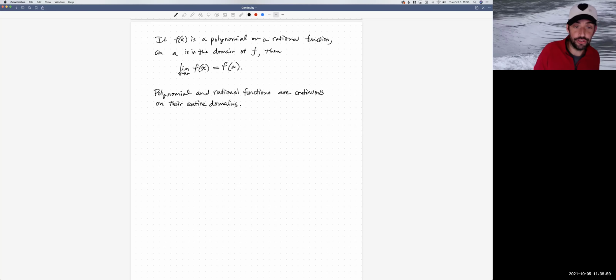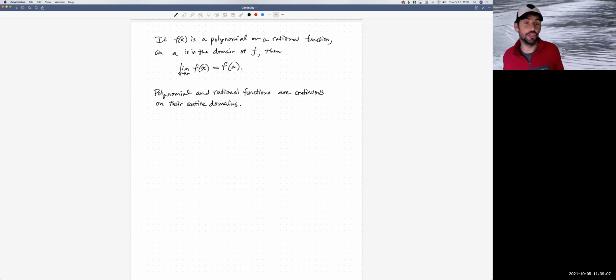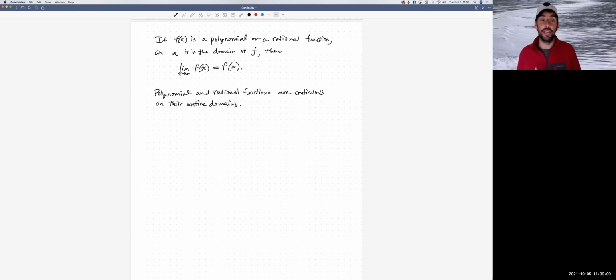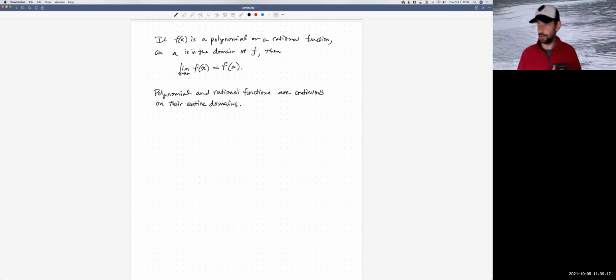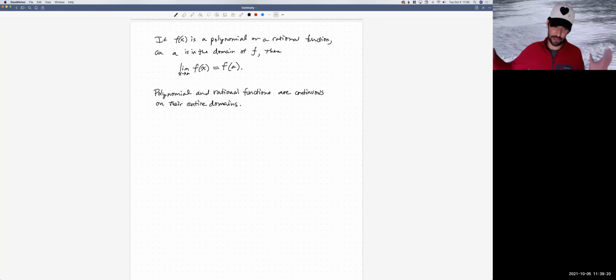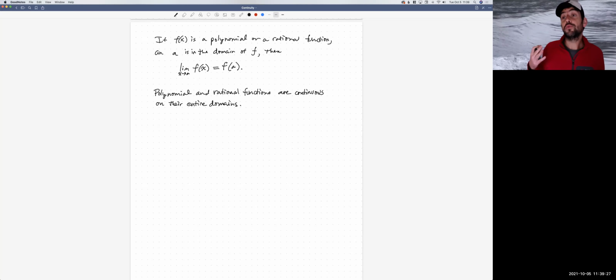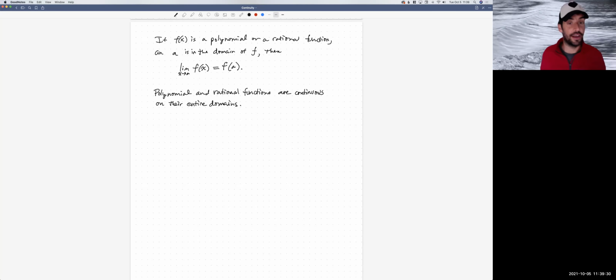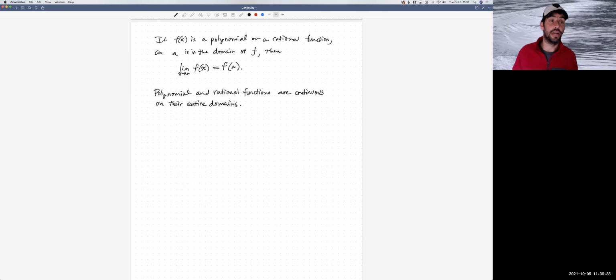Because this just tells us that it satisfies the definition of continuity at each point, right? So that's what I mean by the entire domain, meaning at each point in their domain, rational functions and polynomial functions are continuous. For polynomial functions, unless there's some real world constraint, their domains are everywhere. So polynomial functions are continuous at every point. Rational functions are continuous on their entire domains as well. Sometimes rational functions have holes in their domains, either just a hole, a gap, or an asymptote.